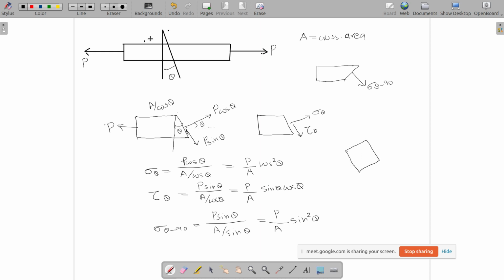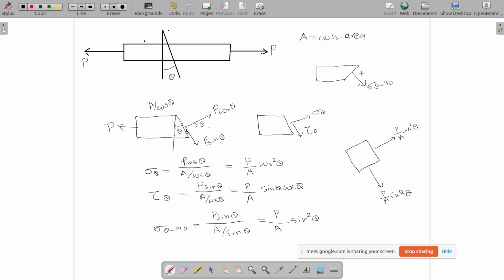Let's say this is a very small element within the bar at this point, and we have seen that for a plane perpendicular to this plane, we have obtained stress value as P by A cos square theta, and for this component we have P by A sin square theta.